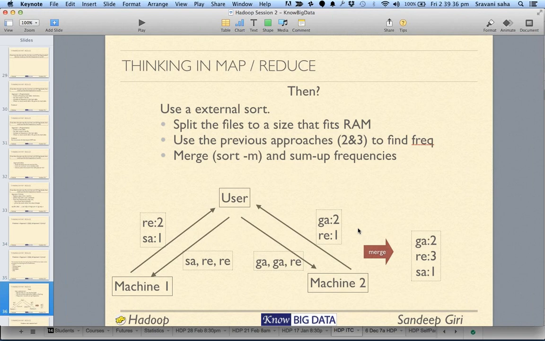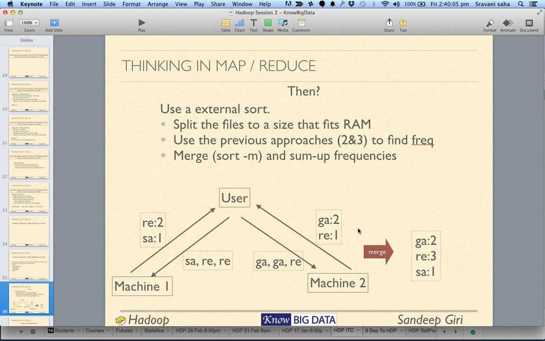As a result, all of these machines gave you a frequency table saying this word has come this many times, this word has come this many times, and so on. Also note that when we were dividing the data, we did not do any analysis in the beginning. We just gave the data, so some words might be common in the two machines.